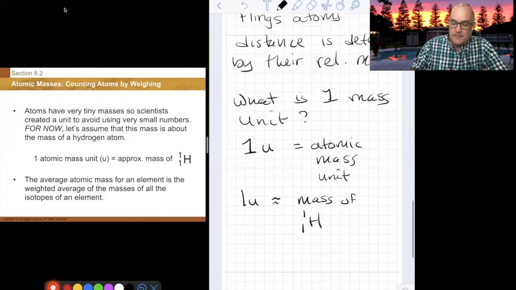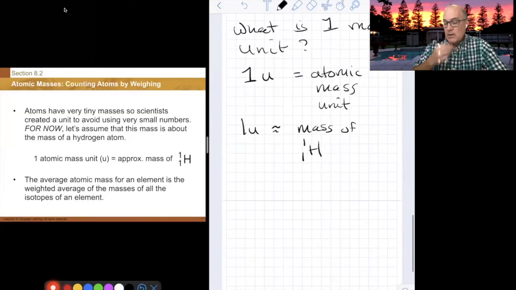Now, it turns out that it can be very difficult to use this for a number of reasons. One of the reasons is that naturally occurring hydrogen consists of a bunch of different isotopes, and we'll talk about isotopes in the next chapter a little bit more. But let's say for now that the average atomic mass of an element is the weighted average of all masses of the isotopes of an element.